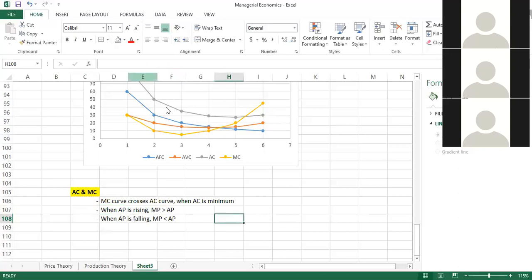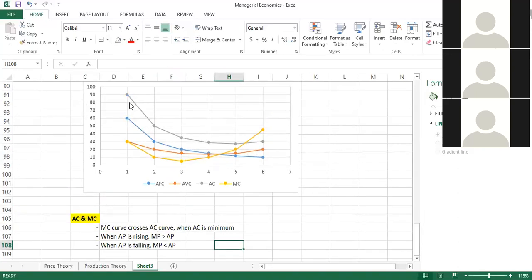We can explain this in a number of other ways. When average cost is falling, marginal cost is less than average cost.